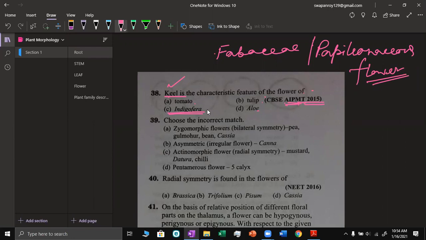It is a dye-producing plant; blue indigo dye is produced from it. Indigofera belongs to the family Fabaceae, and the keel is found in Fabaceae. The problem is that if you don't know which family the plant belongs to, you cannot answer, since a common example has not been given.